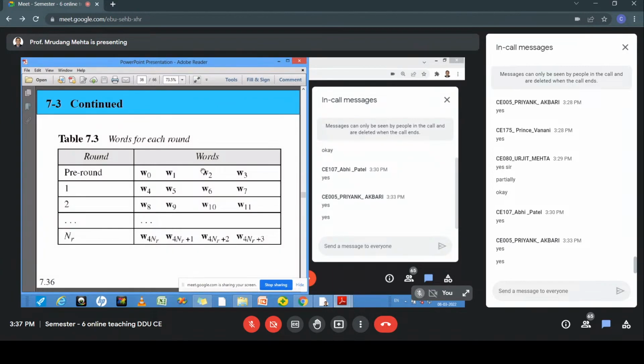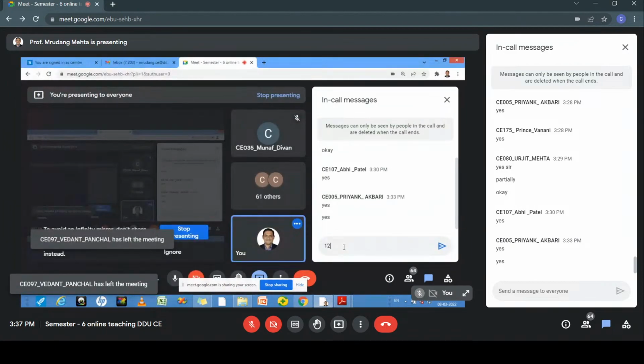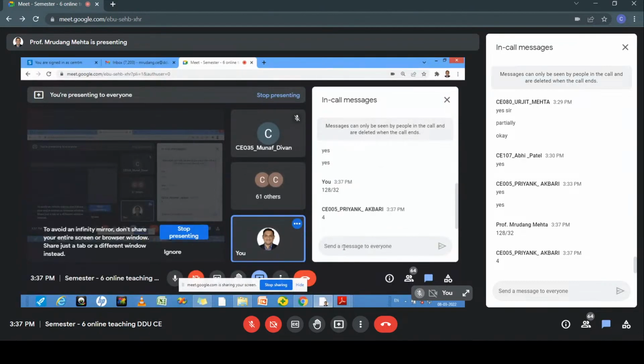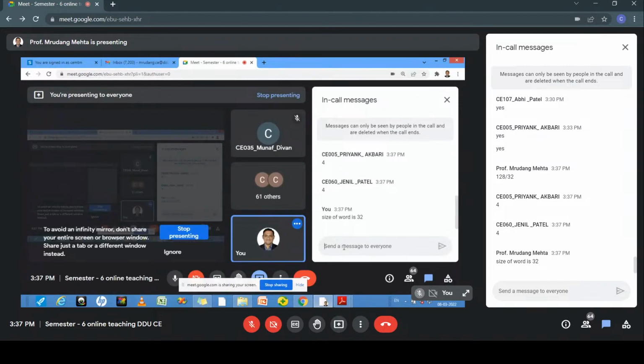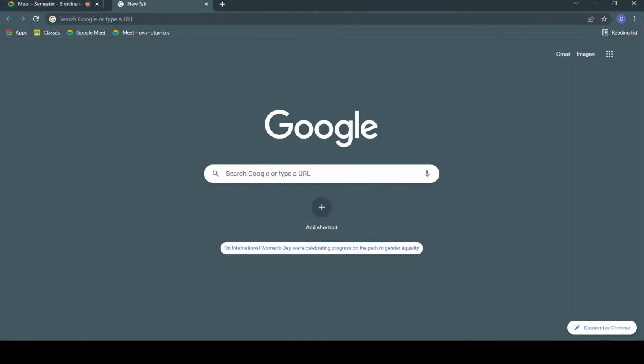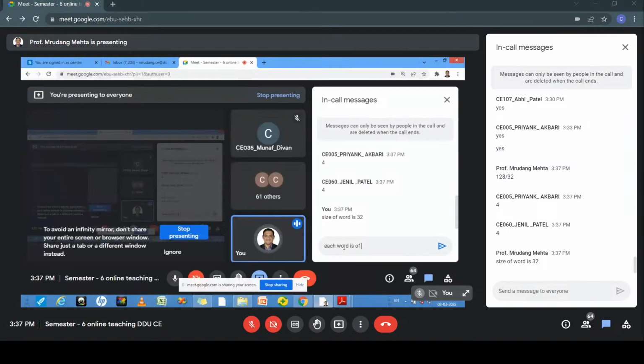So how many words do you get? 128 divided by 32, right? Each word is of 32 bits.